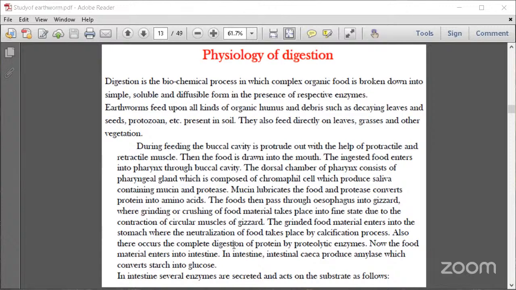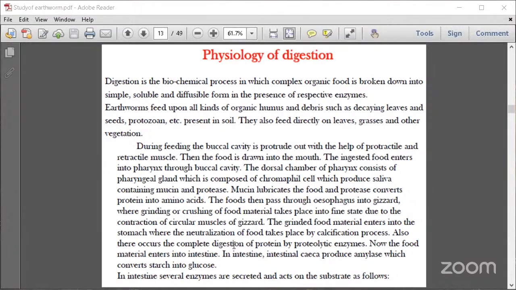The ground food material enters into the stomach, where neutralization of food takes place by the calcification process. Also, the completion of digestion of protein by proteolytic enzymes takes place. Then the food material enters into the intestine.